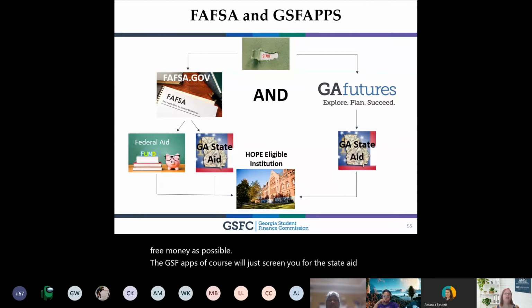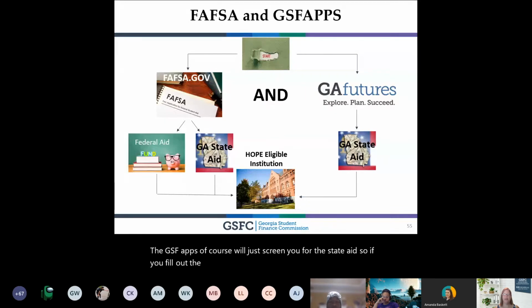So if you fill out the FAFSA and you're not eligible for any need-based free money, you don't want loans, your institution doesn't require it, a scholarship doesn't require it, so next year you're like, I don't need to fill this out again. Since you already filled out the GSF Apps, then you don't even have to worry next year. You just don't fill out the FAFSA and the GSF Apps will automatically renew the HOPE or the Zell. Okay, so that's one reason.